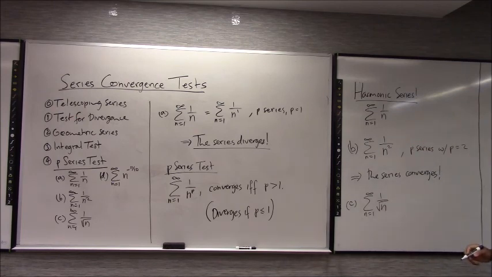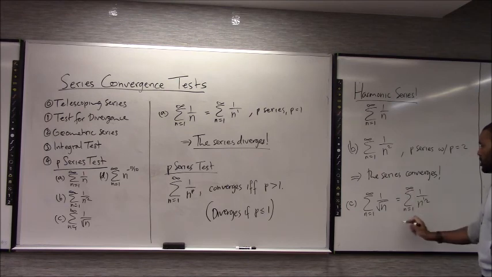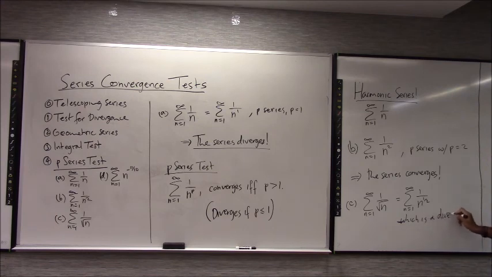C is also a P-series where P is 1/2, so it diverges. You can say it's a divergent P-series.